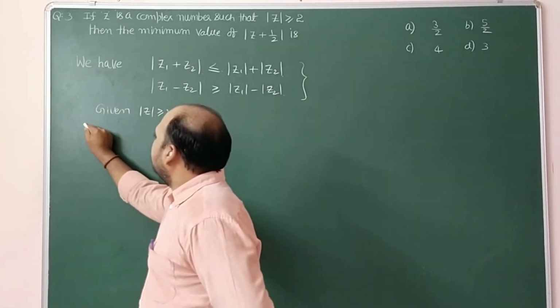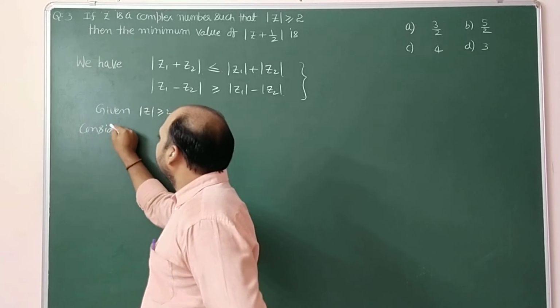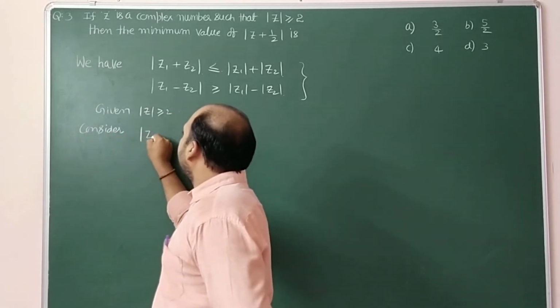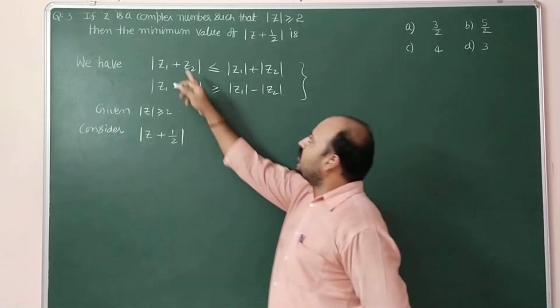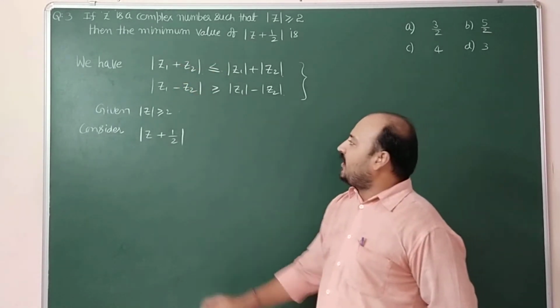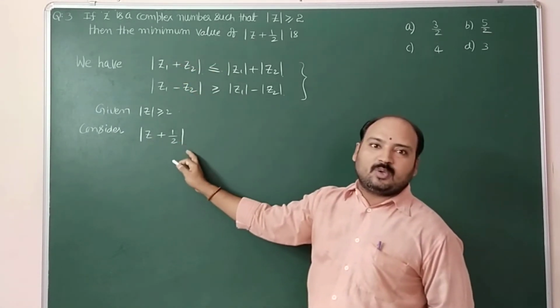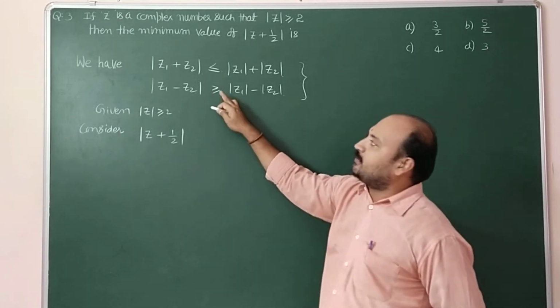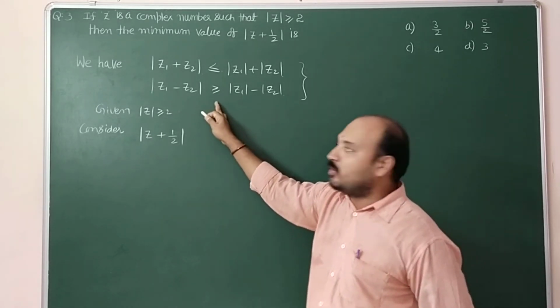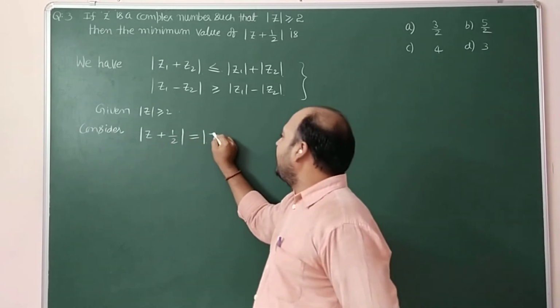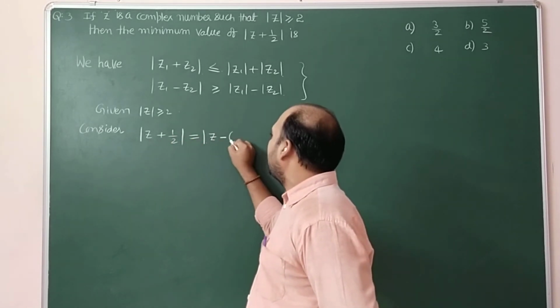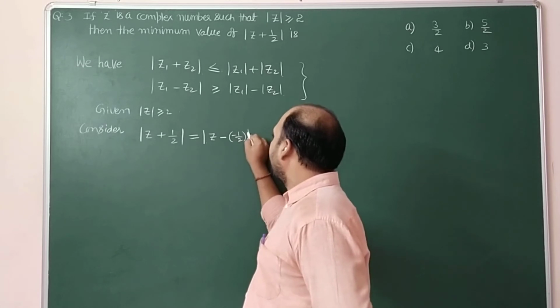So now consider mod z plus 1 by 2. I want to get the minimum value, but the expression is in the form of z1 plus z2. We have to apply the inequality with greater than or equal to. So mod z plus 1 by 2 can be taken as mod z minus of minus 1 by 2.